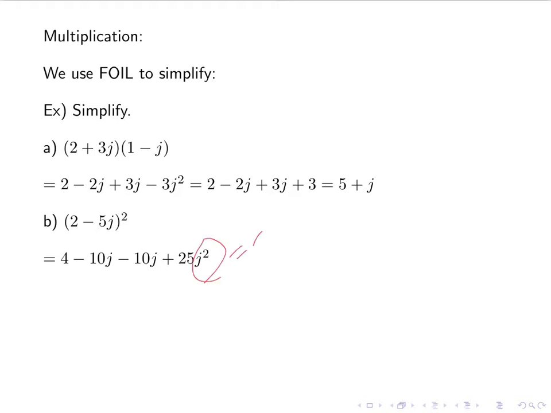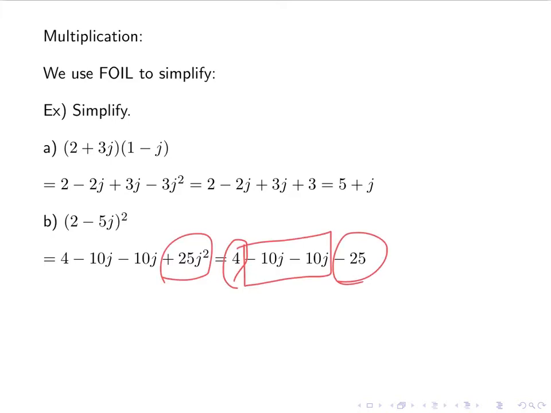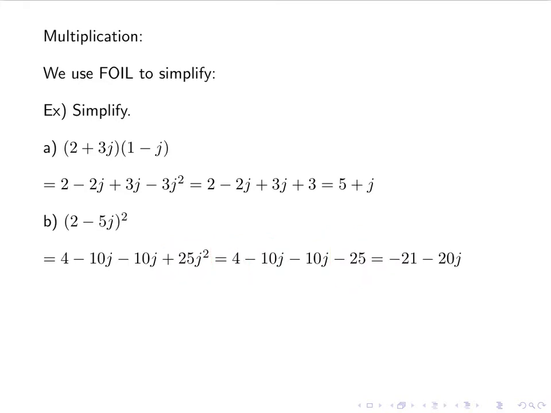Again, j squared is negative 1. So that plus 25j squared becomes minus 25. I'll combine that with the other real part of the 4. And then my two middle terms are my imaginary, and I'll combine those together. We end up with negative 21 minus 20j.